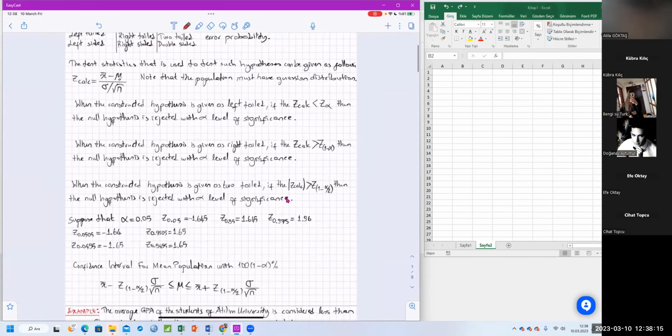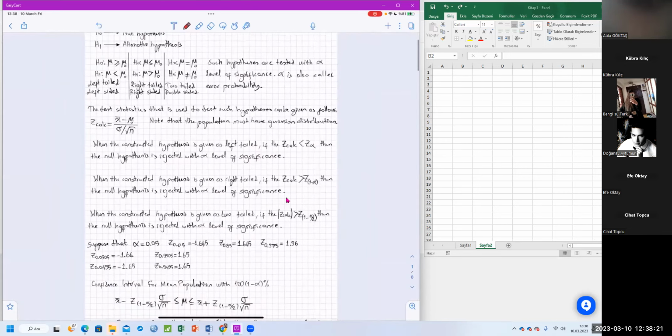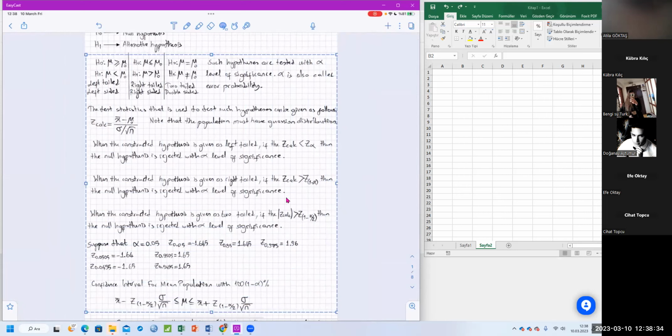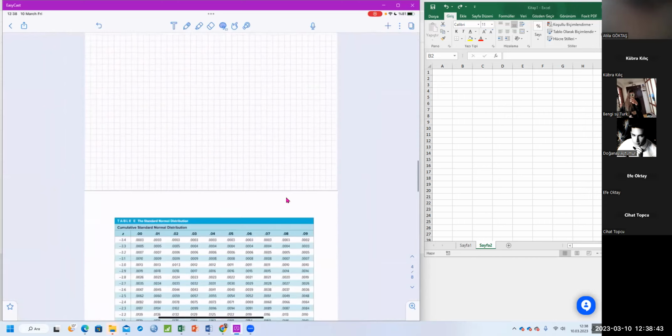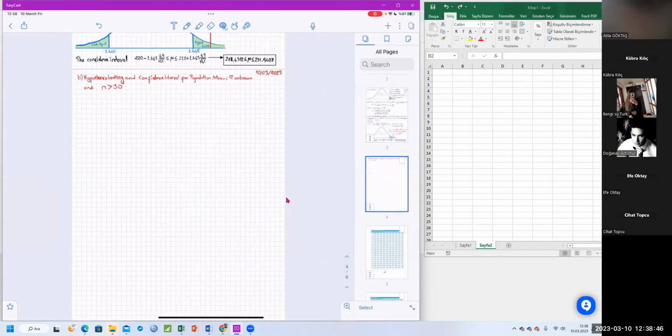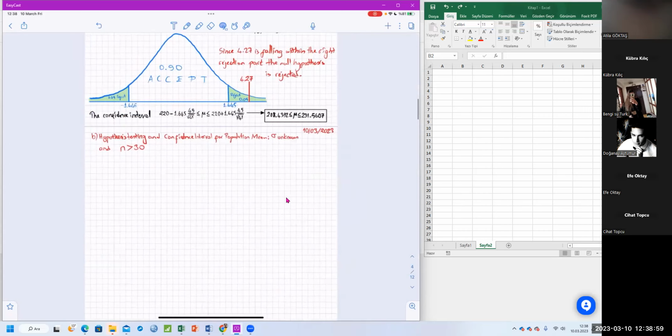I'm going to copy this whole page from up here, and add some pages.